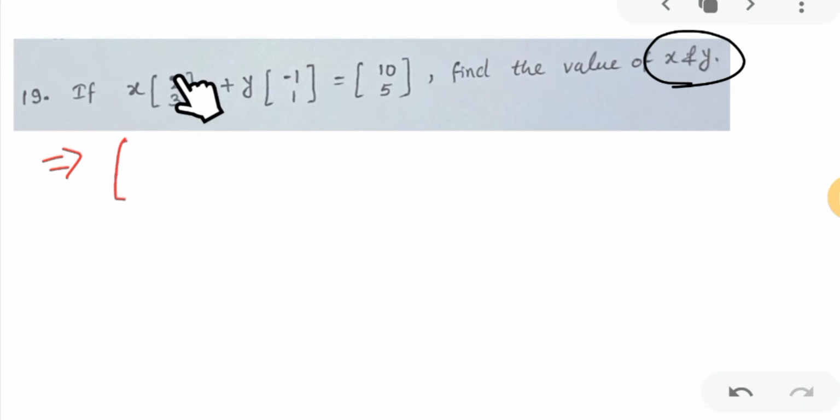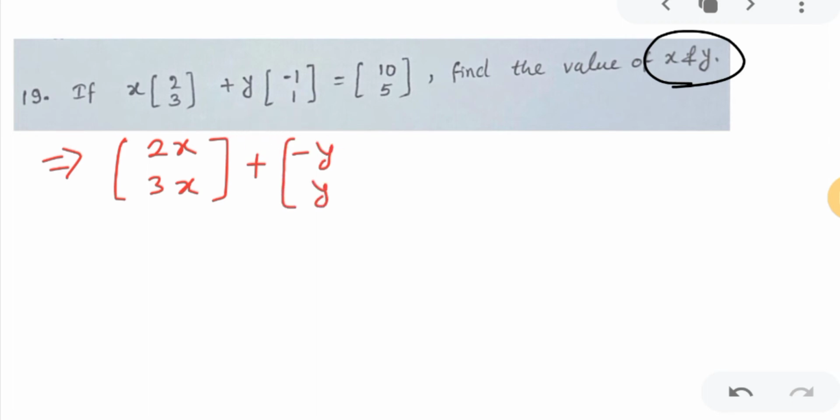X into 2. So obviously in matrix multiplication, x will multiply each element. So x into 2 will be 2x and x into 3 will be 3x. So 2x, 3x plus, similarly, y into minus 1 will be minus y and y into 1 will be y.